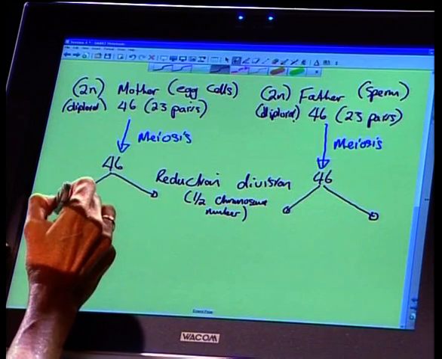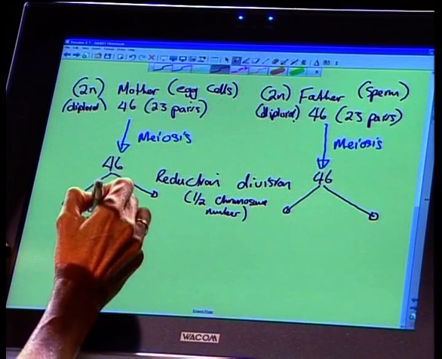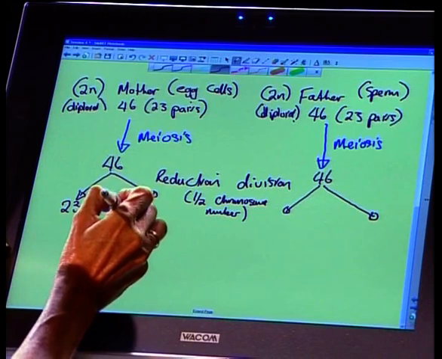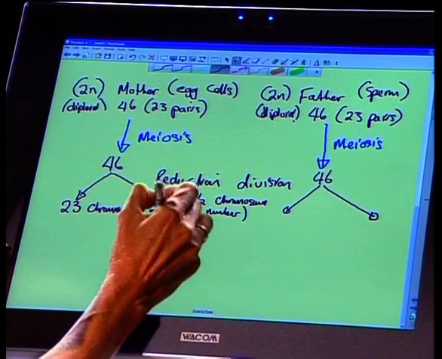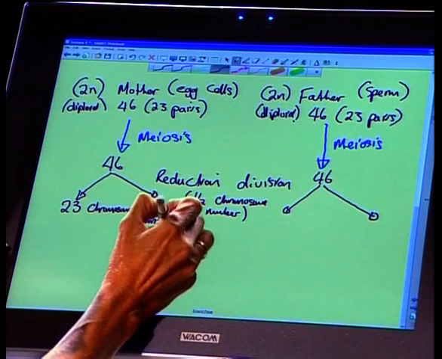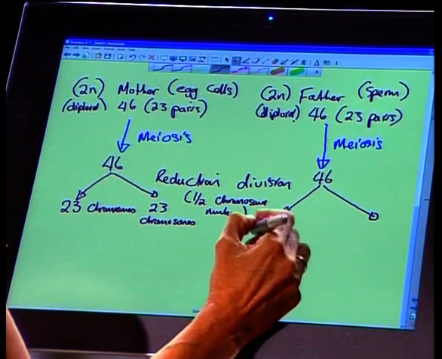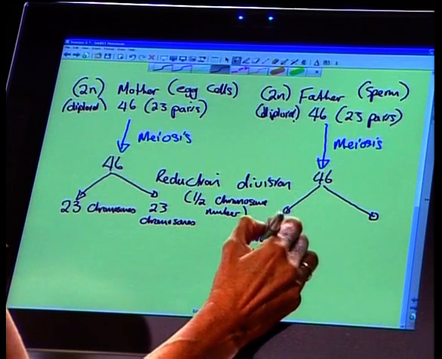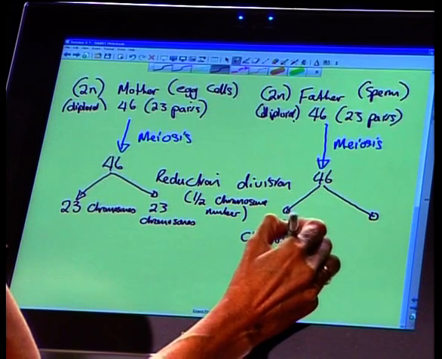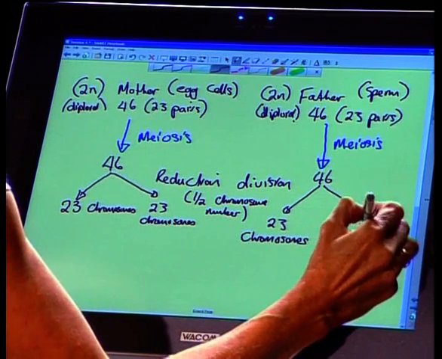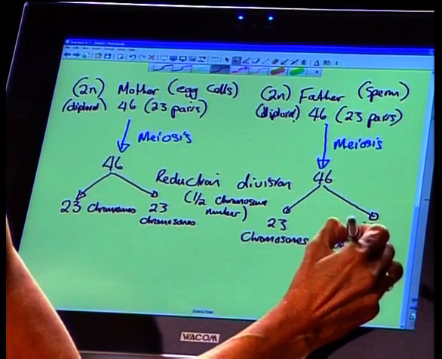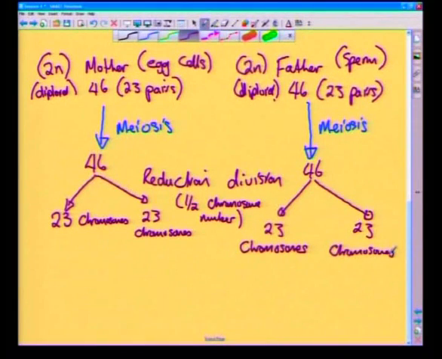So we're going to have 23 chromosomes here, and here we're going to have 23 chromosomes, and here we have 23 chromosomes. I know I'm repeating myself, but I need for you to see this. Now, this here is going to form a gamete.